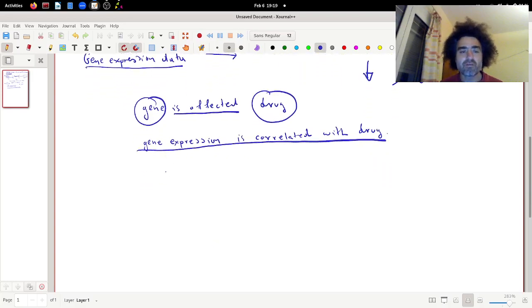Now this is important biologically because it allows us, for example, to find out a set of genes.